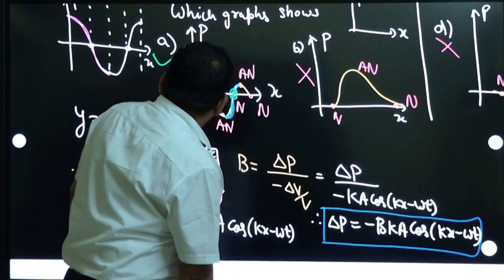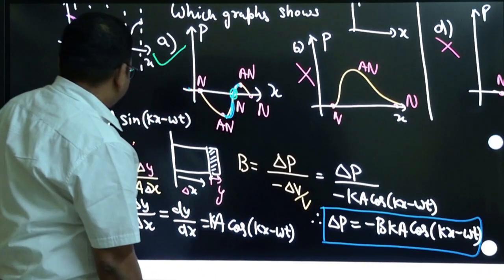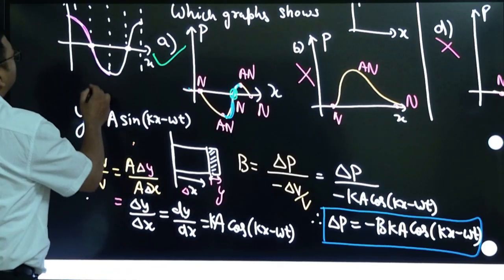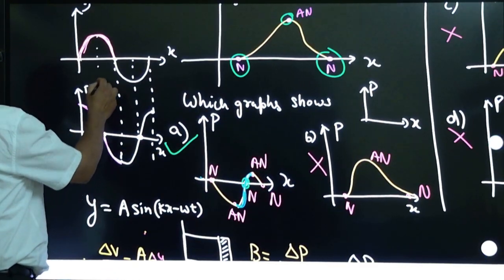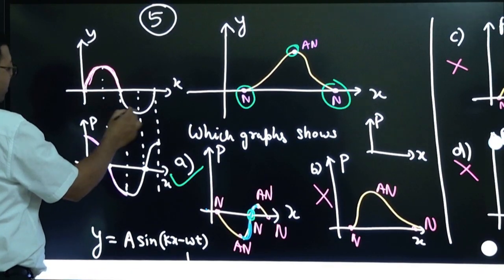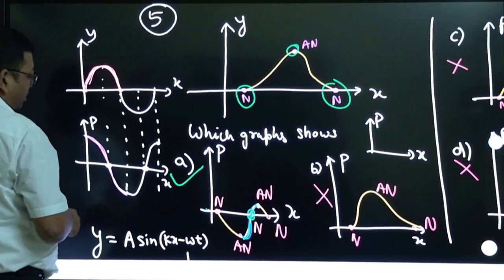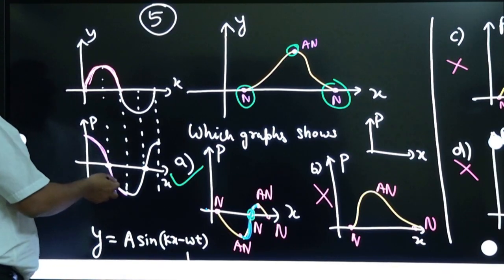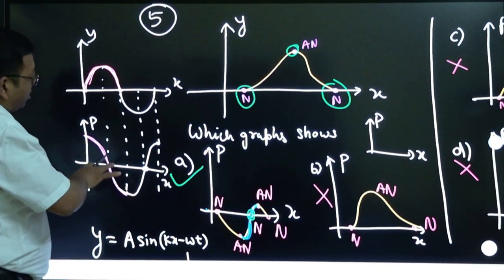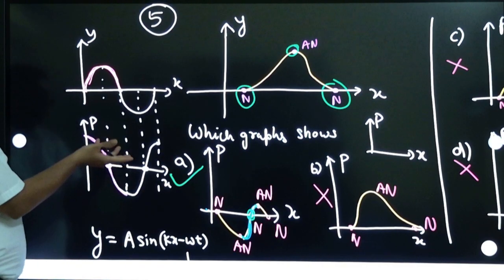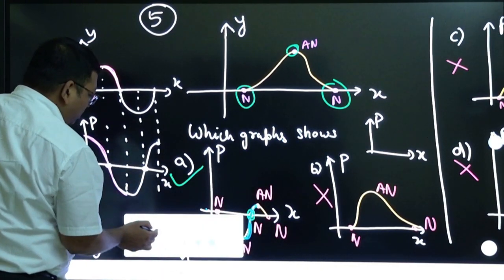Now I think when you see this graph, it will become very clear. This is the y versus x graph, this is the pressure versus x graph, but this is not cos, it is minus cos. Minus cos means you have to invert this graph. How will you invert this graph?